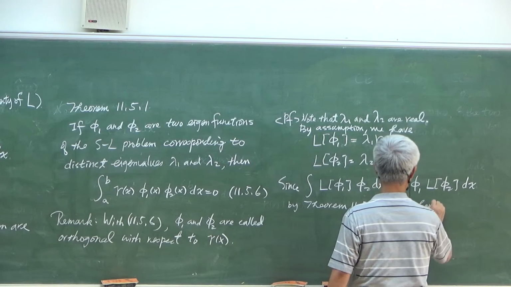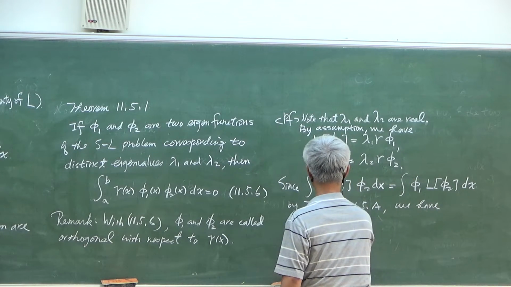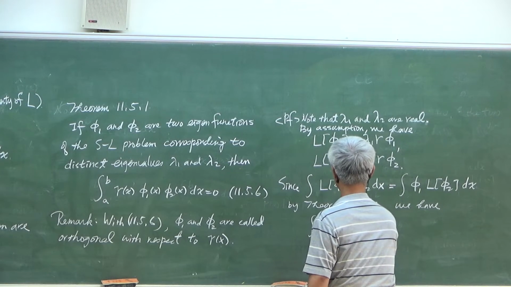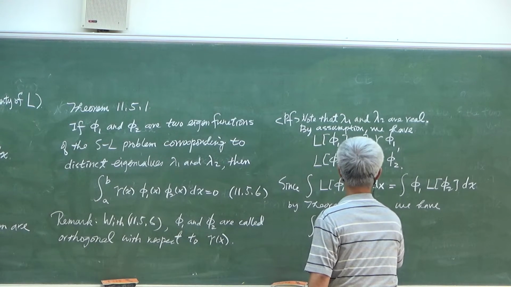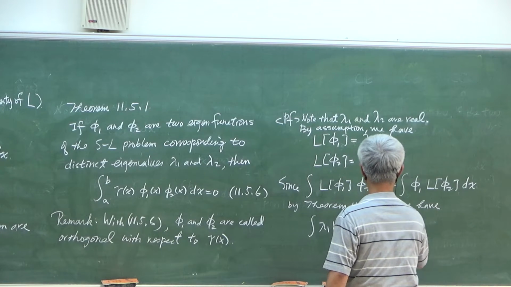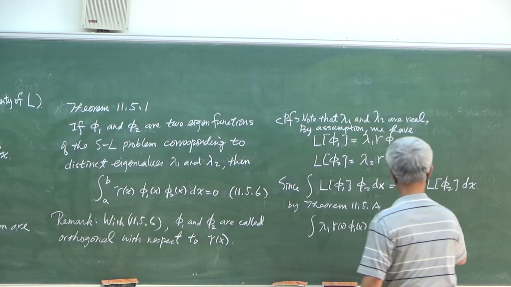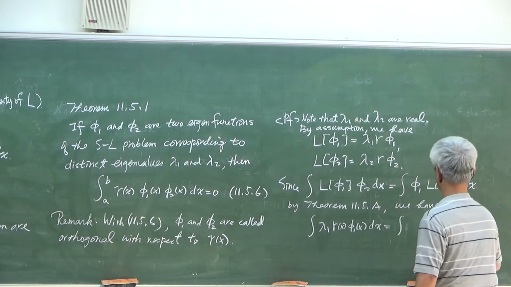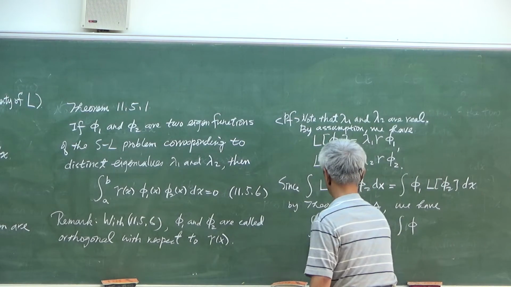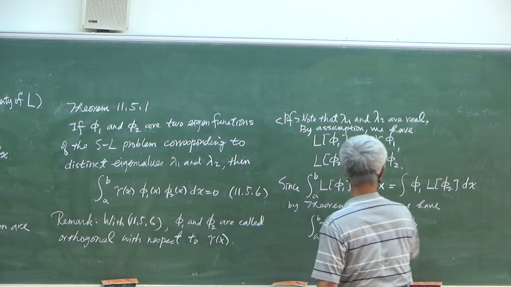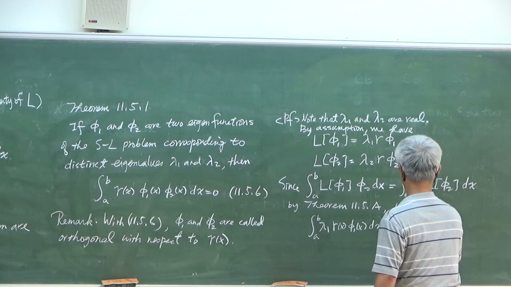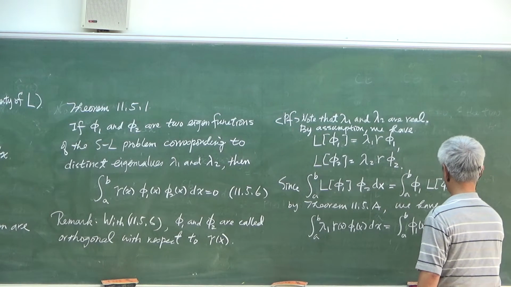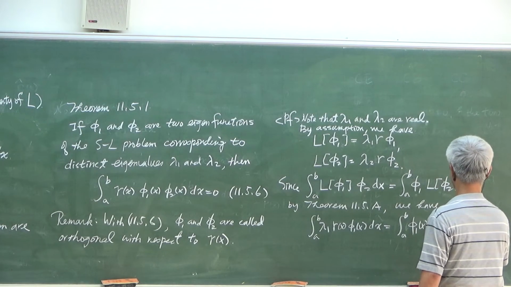So we have lambda 1 r x phi 1 x, and lambda 2 r x phi 2 x.